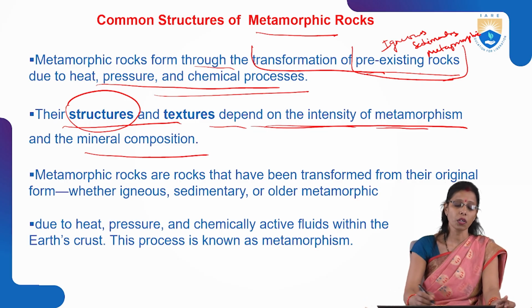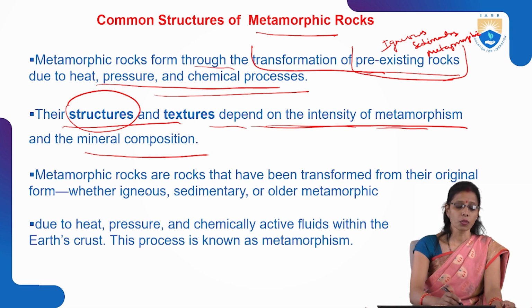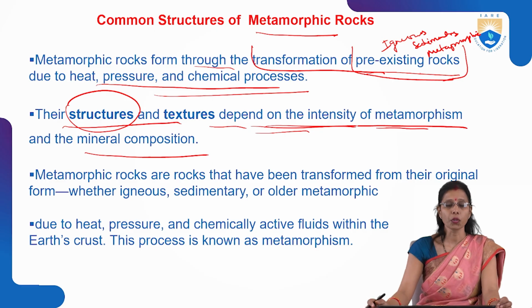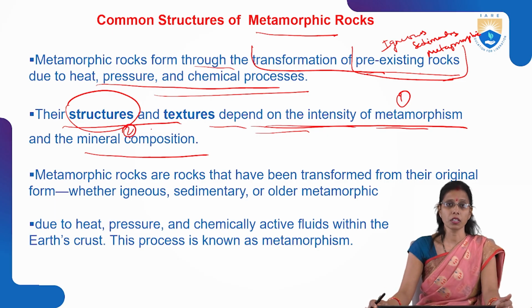So a rock may contain two to three kinds of minerals. The structure and texture depend first on metamorphism, and second on the mineral composition. What type of minerals are present decides the composition.